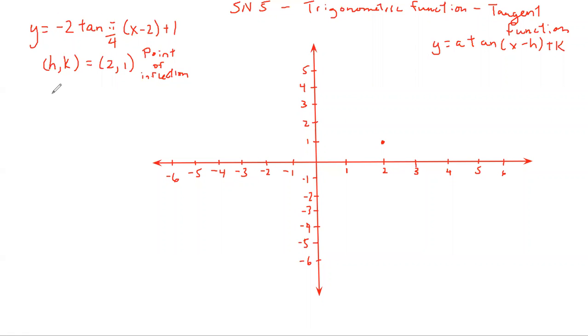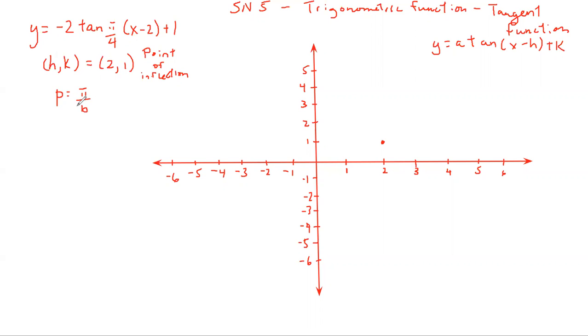Now, the a doesn't serve much purpose, so we are going to ignore it for the time being. What we're not going to ignore is how to find the period, and thus our asymptotes. So first things first, let's find our period. Our period from the last episode is pi over b.